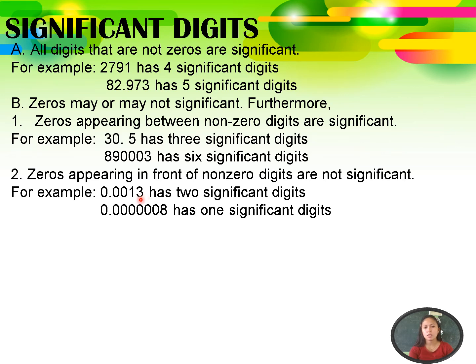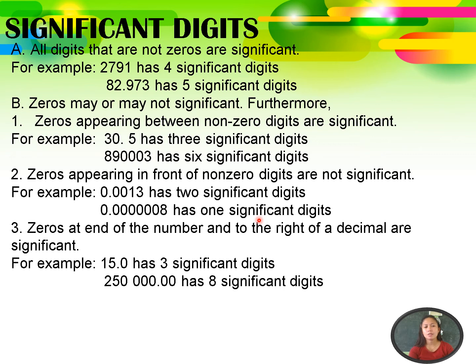So in this example, there are 2 significant digits. So we have 1 and 2. For the second example, still the zeros are to the left of the non-zero digit. The non-zero digit here is 8. So meaning there is only 1 significant digit.